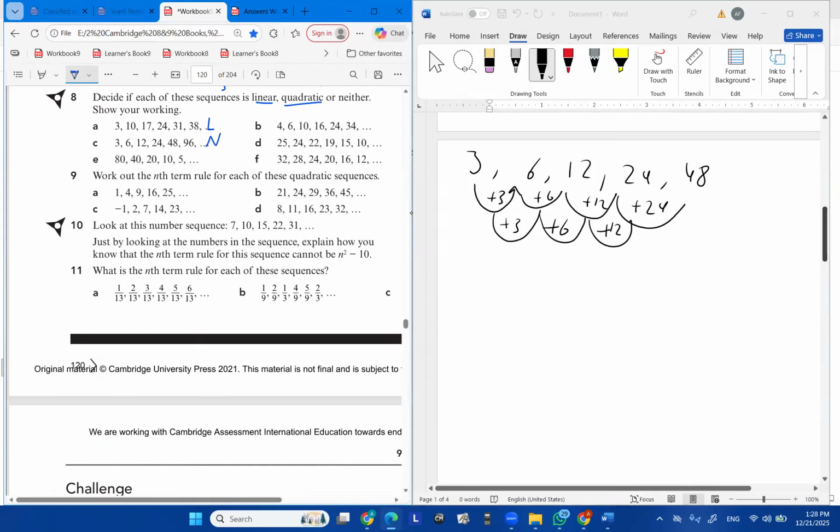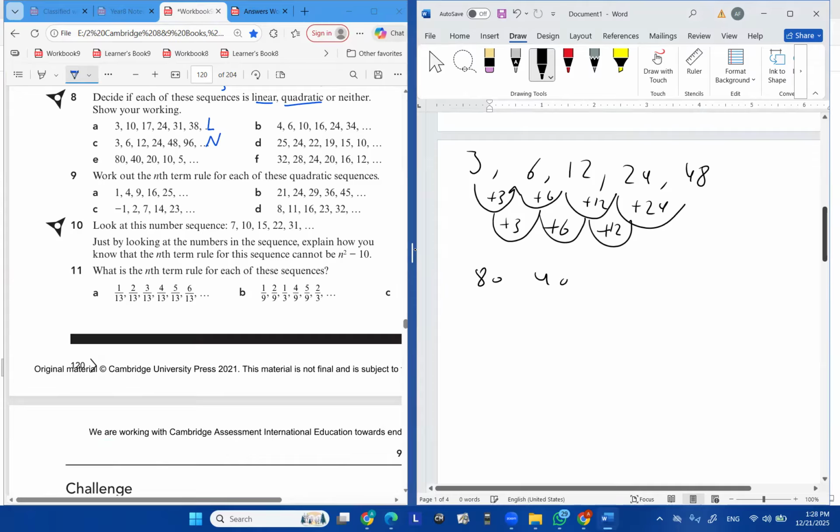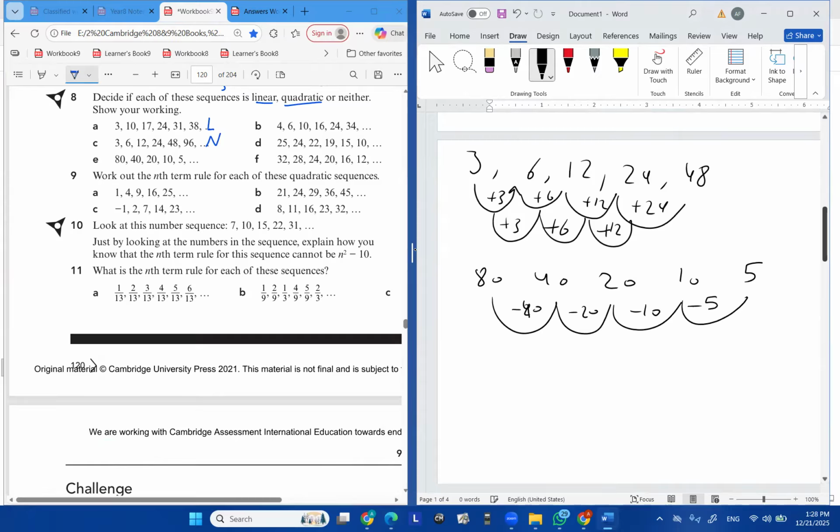Up next, we minus 40, then we minus 20. Let's do it. 80, 40, 20, 10, then 5. Minus 40, minus 20, minus 10, minus 5.